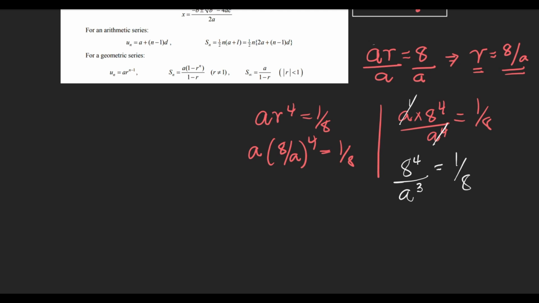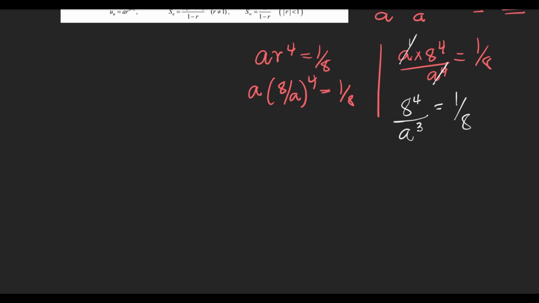Then you cross multiply, and you'll have 8 power 4 times 8 is equal to 1 times A power 3. So you'll be left with 8 power 5 is equal to A power 3.